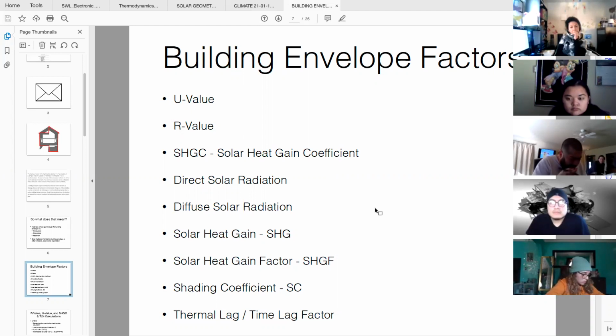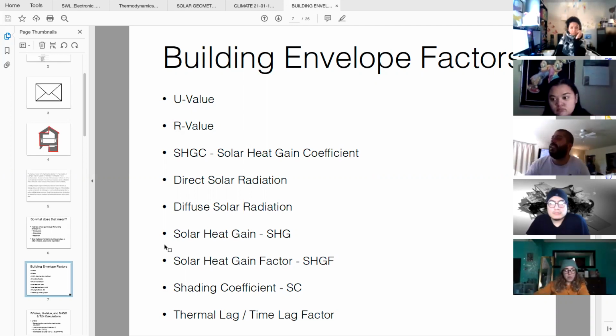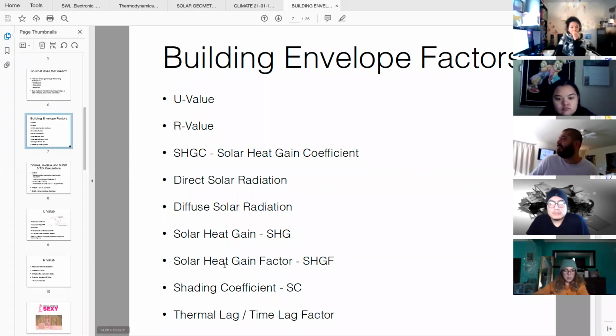The solar heat gain coefficient applies to glazing. Solar heat gain applies to the overall envelope. And then there's the solar heat gain factor, which is the least important of those terms, but don't get that one confused with the solar heat gain coefficient.